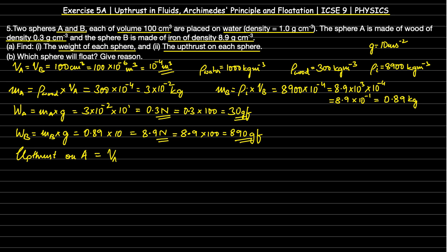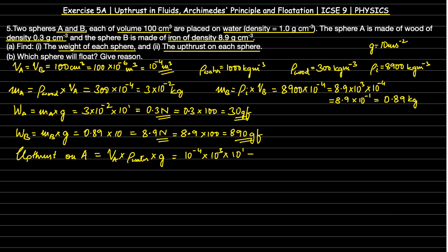So V is volume of A into, now remember, whenever we are finding upthrust, please do not take the density of the substance, take the density of the liquid in which it is floating. So we will be taking density of water here into acceleration due to gravity. Now V of A, we know it as 10 to the power of minus 4. Density of water is 1000, so 1000 can be written as 10 to the power of 3, into acceleration due to gravity is 10, so 10 can be written as 10 to the power of 1.